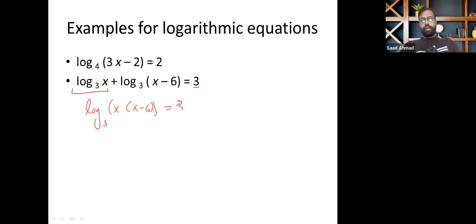I used the property of logarithm: when two logs are getting added with the same base, I wrote them with multiplication here like this. Next, you take the power 3, whatever the base is, and write this thing as an exponent on both sides.